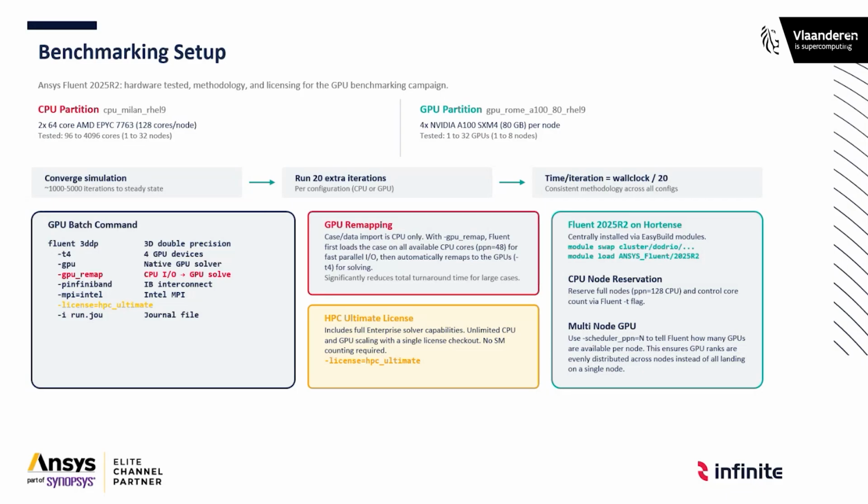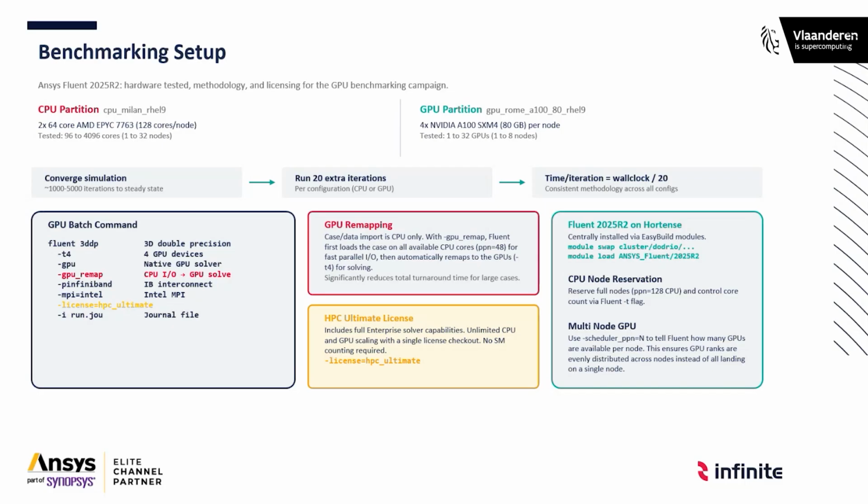I have put an example of my GPU batch command with the components explained step by step. So I launched Fluent 3D double precision with 4 GPUs. And then I enabled, of course, the GPU solver, but I also included the GPU remapping, because in reality, case and data file import is still done on CPU.